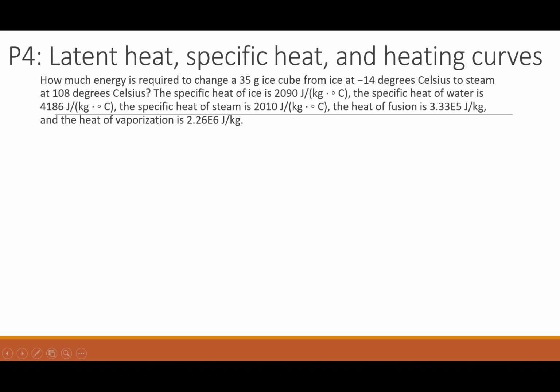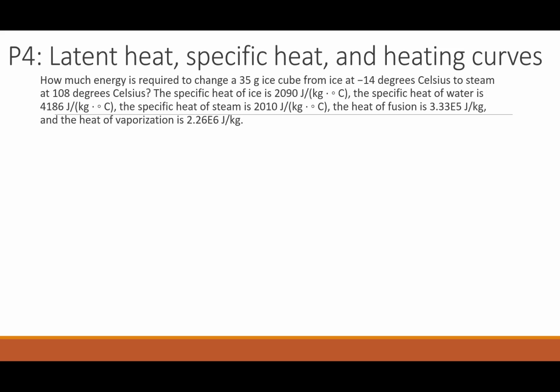Last question, and this is going to be a big one, so brace yourselves. It's not hard, it's just a multi-part question, so it's going to take a little bit of time. How much energy is required to change a 35-gram ice cube from ice at negative 14 degrees Celsius to steam at 108 degrees Celsius?